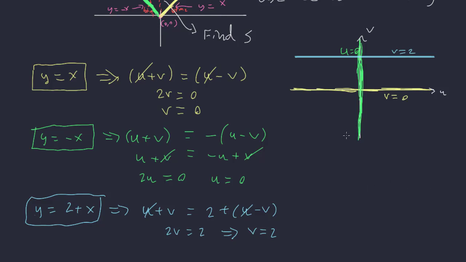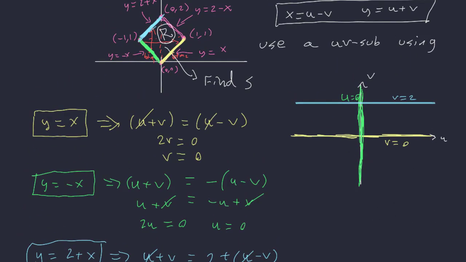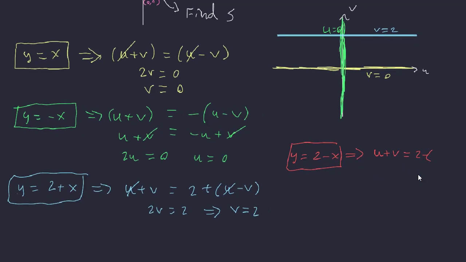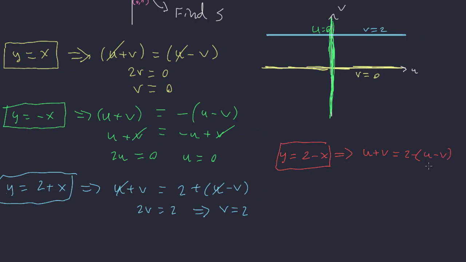Okay, and then finally, let's color this one up in red. This is y equals 2 minus x. All right, and that's going to give us a u plus v for y, like always, and then a 2 minus u minus v.